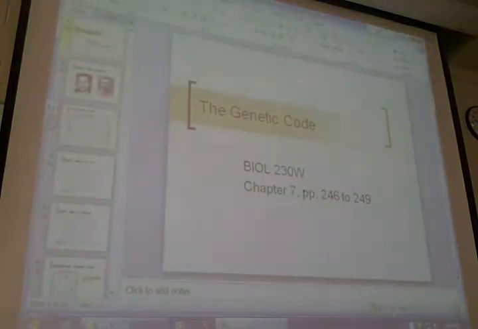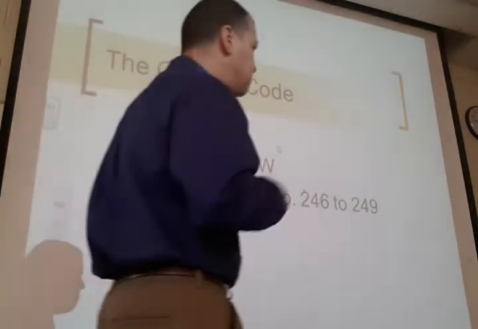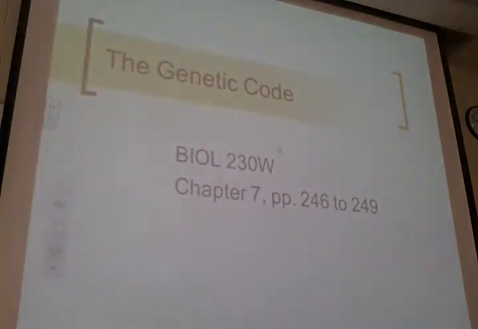So our next topic, still within this broad section of molecular biology. Now that we know what DNA looks like, now that we know how it copies itself, the next sort of question to ask is, how does it encode information?